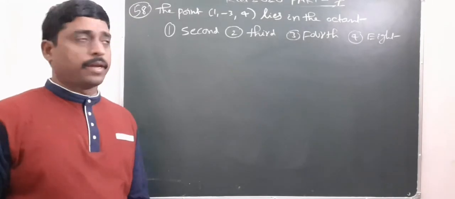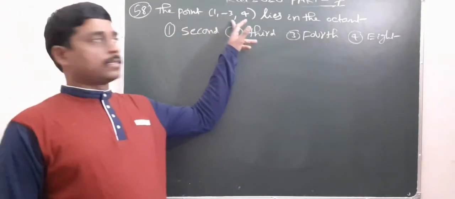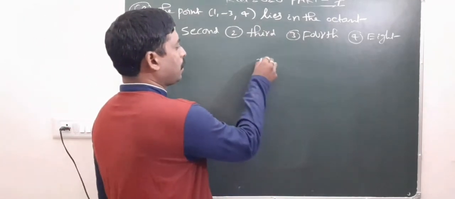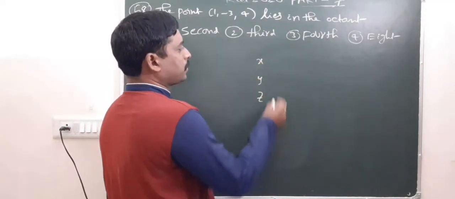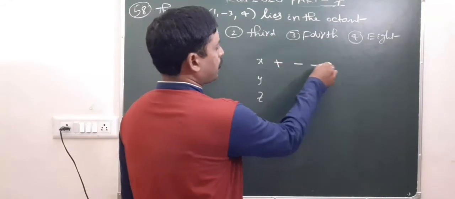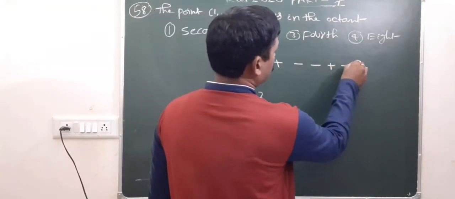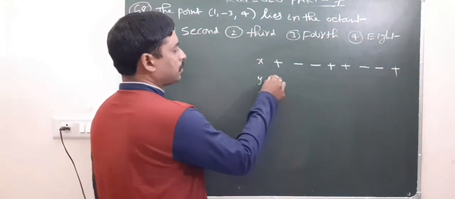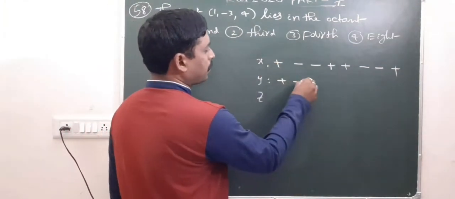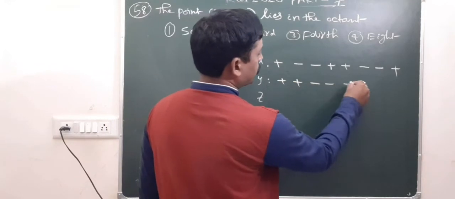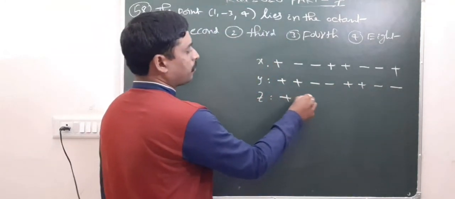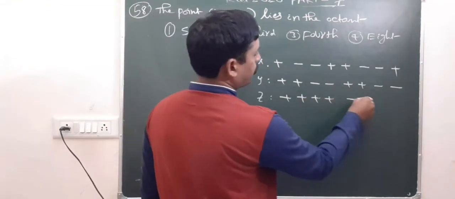Take question number 58. The point (1, -3, 4) lies in which octant? For the octants, I give one coding for x, y, z. For x we write plus, minus, minus, plus, plus, minus, minus, plus; for y, plus, plus, minus, minus, plus, plus, minus, minus; and for z, 4 pluses and 4 minuses.